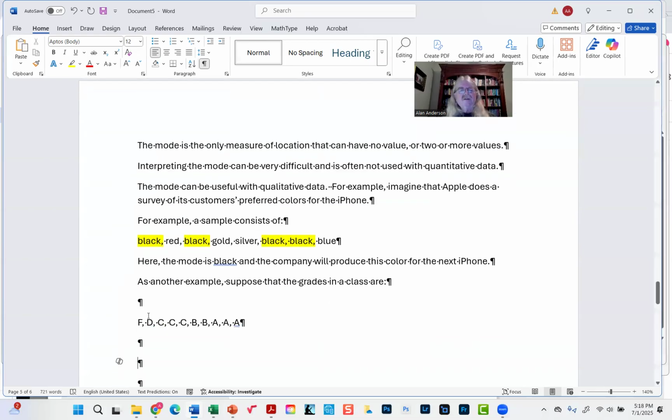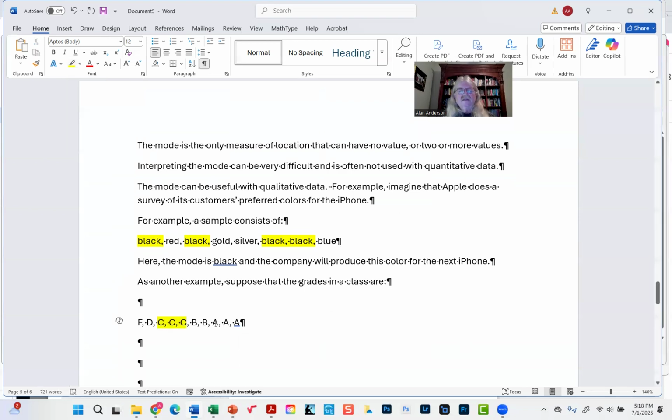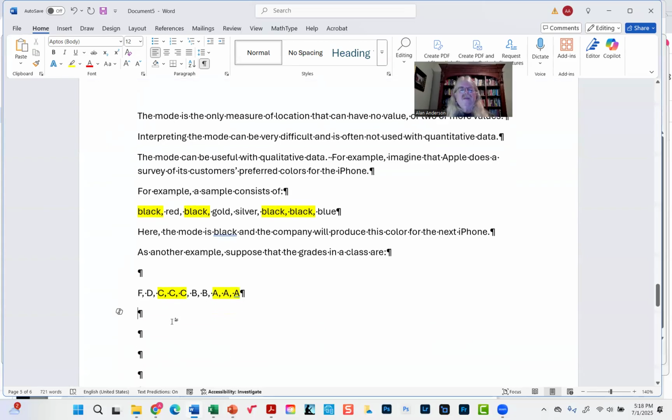Well, it should be pretty clear that this is bimodal data because there's a tie for first place here. In other words, the two modes are C and A. In some classes you tend to run into that. Some classes the grades are more evenly distributed, but anyway, that's the mode.